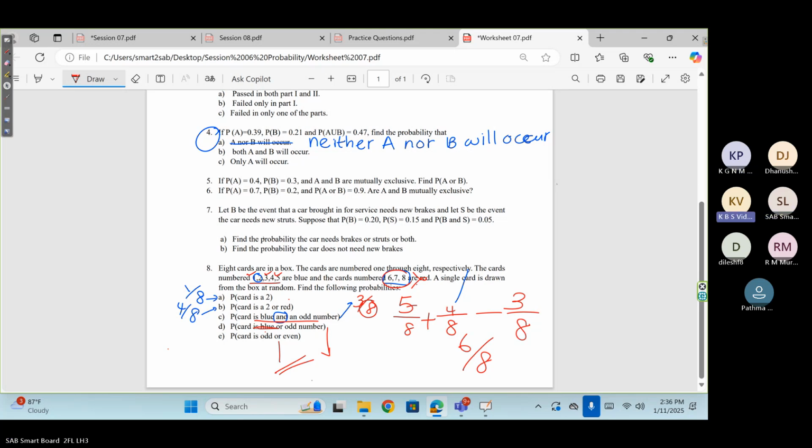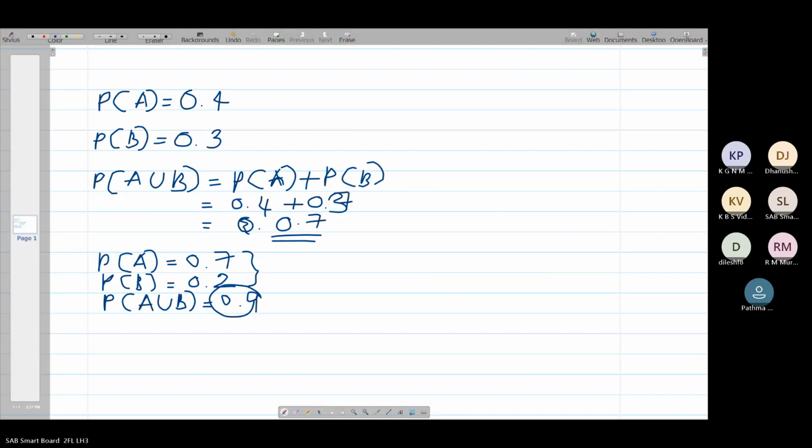Miss, can you explain D again? Which one, Buddha? Yes, D. Can you explain it again? Okay. Here, Buddha, the card is blue or odd numbers, no? Yes. The question asks blue or odd numbers.